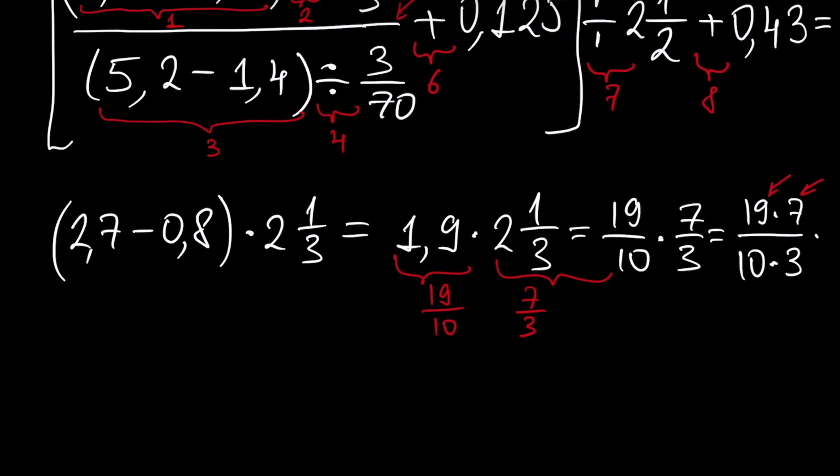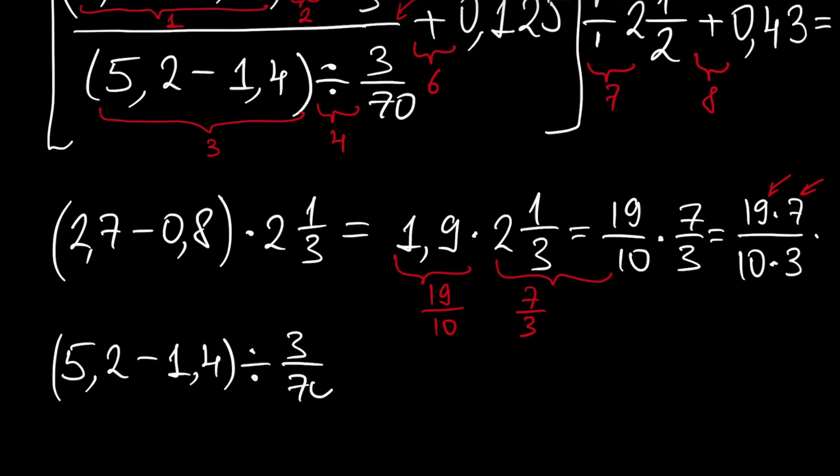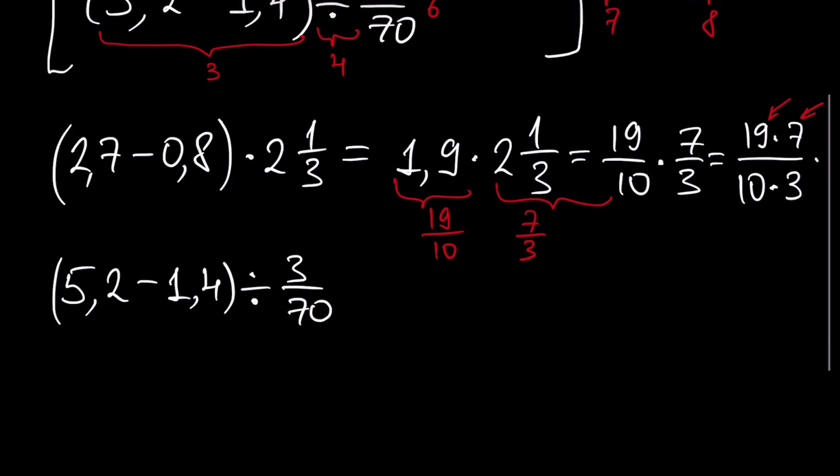So 5 and 2 minus 1 and 4 divided by 3 over 70. This is 5.2 minus 1.4 will be 3.8, and division can be written as a multiplication by number 70 over 3.